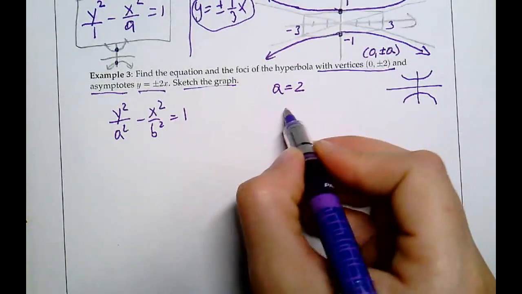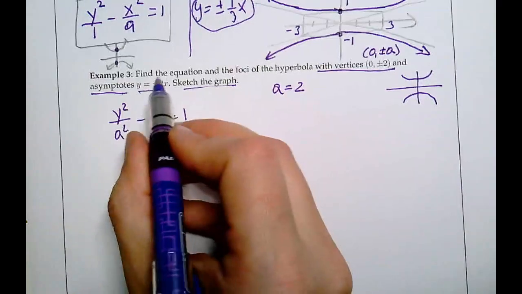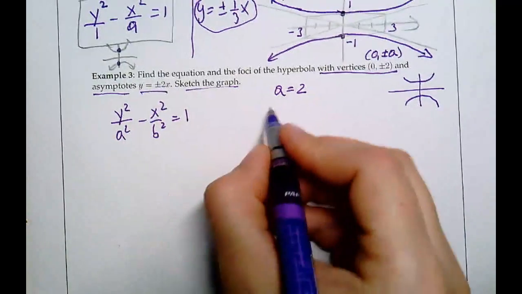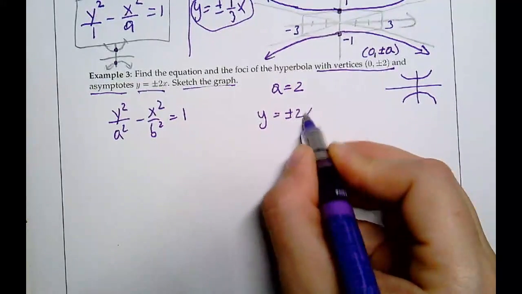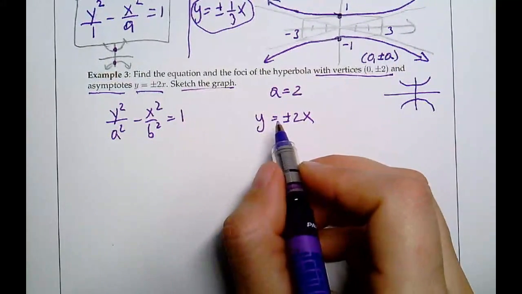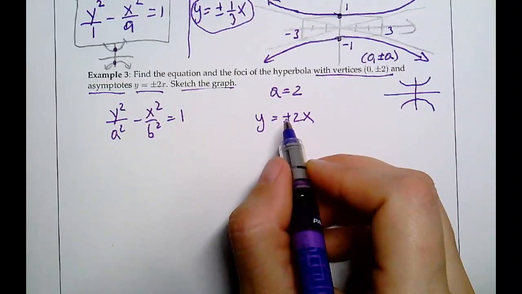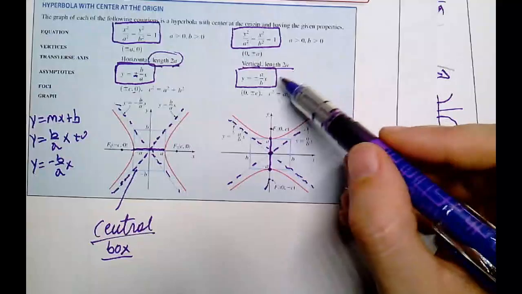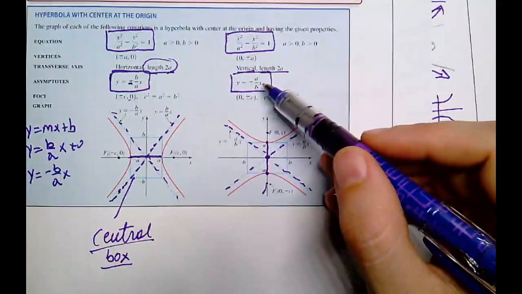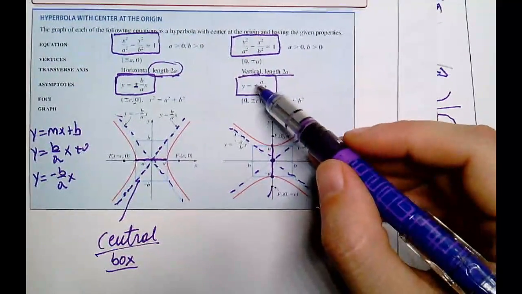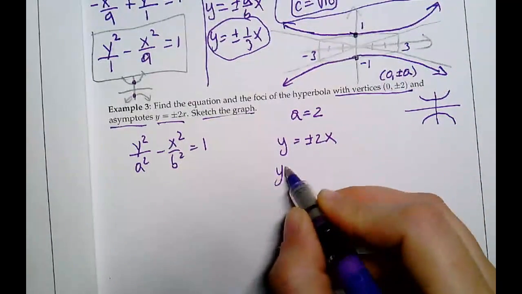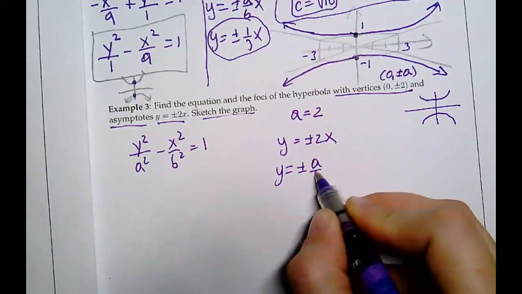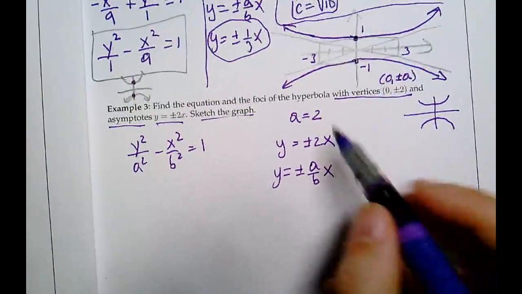So a is 2, and then what about from in here? I have that y equals plus or minus 2x as the asymptotes. So what is the equation of the asymptotes? y equals plus or minus a over b x.